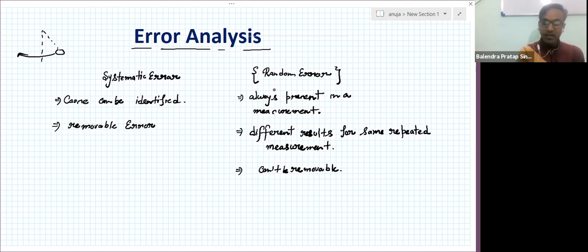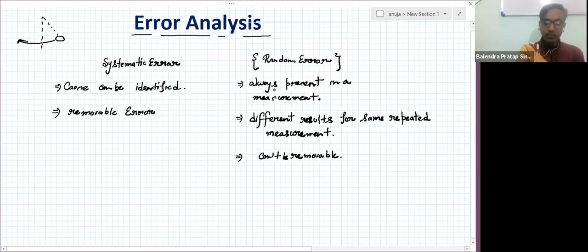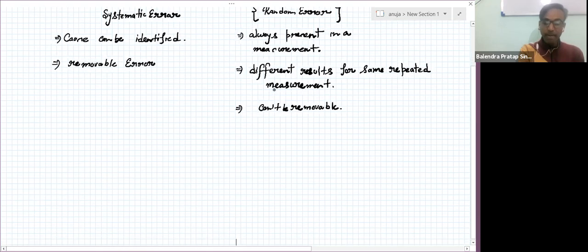The next part of this error analysis is accuracy and precision. What is accuracy and precision?